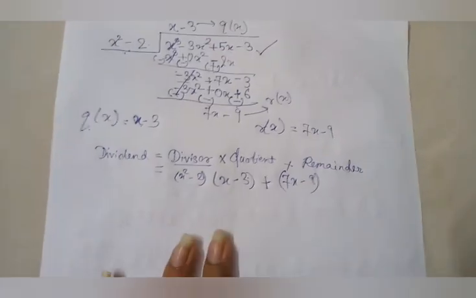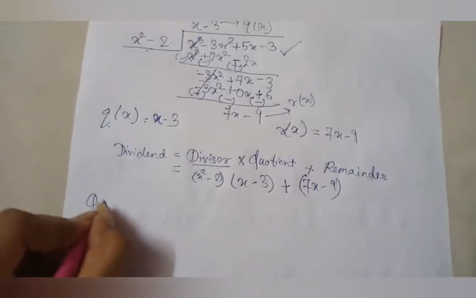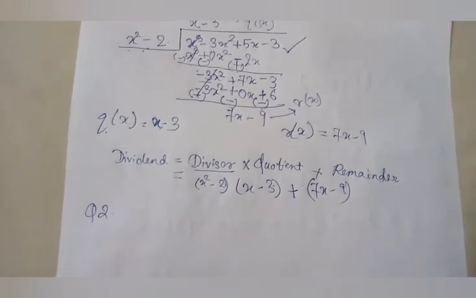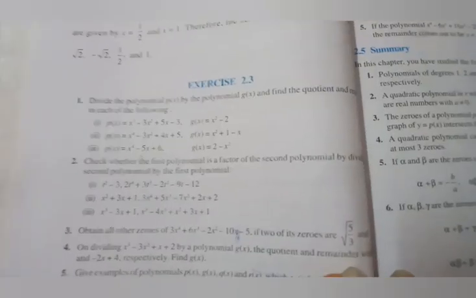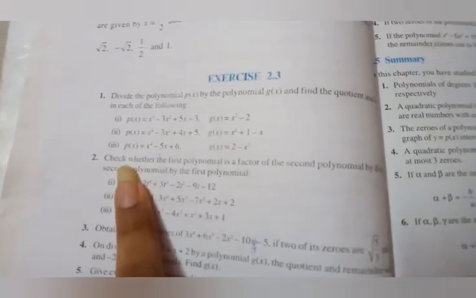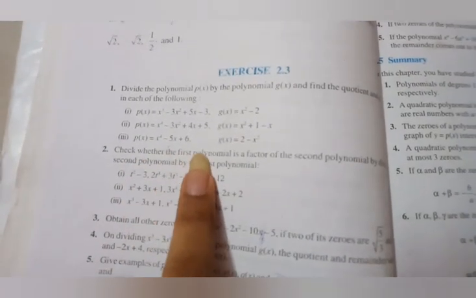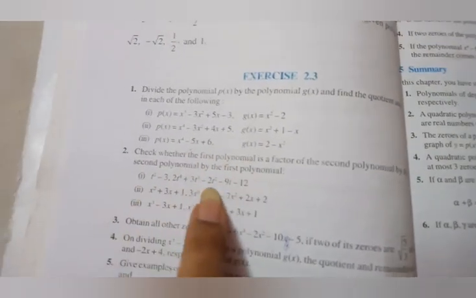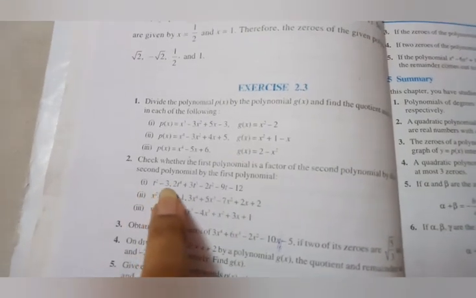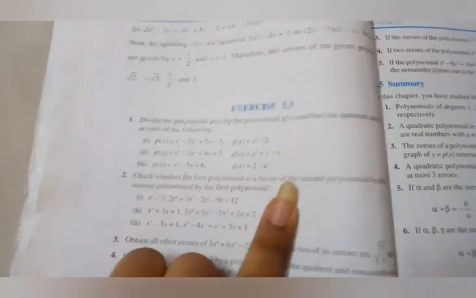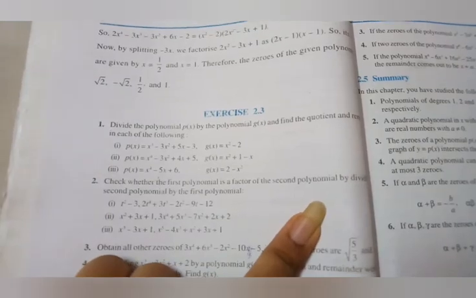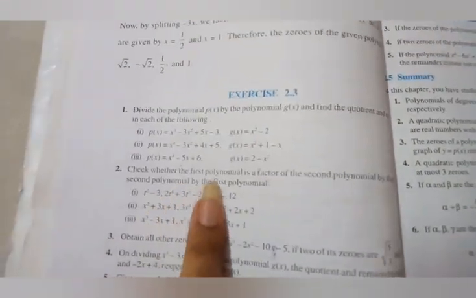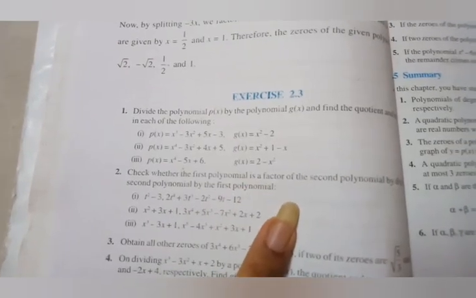So now we'll move to question number 2. Let's see what question number 2 says. It says check whether the first polynomial, this one, is a factor of the second polynomial by dividing the second polynomial by the first polynomial.